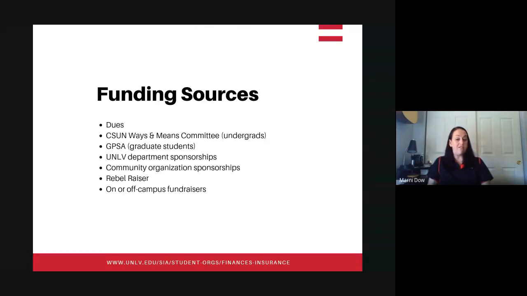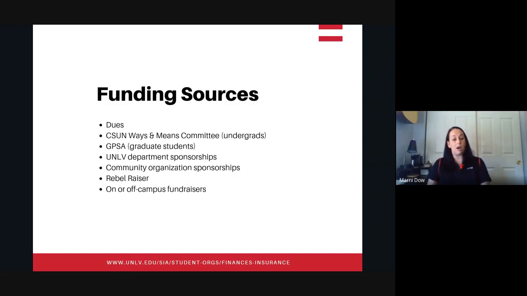They also can get funding from community organizations. So there might be a local business or service-related organization in the Vegas Valley that they have a relationship with that provides some sponsorship. Again, that could be through financial means, but also through donations, in-kind donations, or free space or something like that. Rebel Raiser is a great platform. Our student organizations have access to this through the foundation.